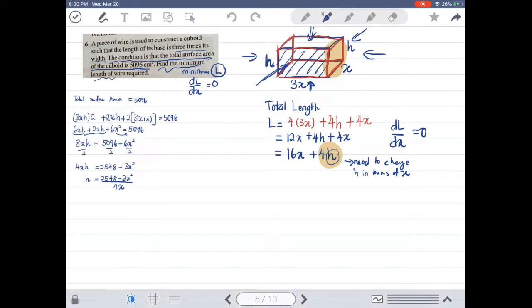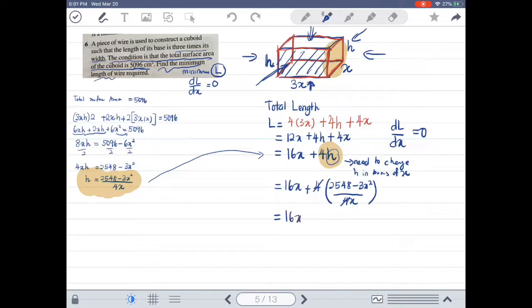Take the value of h, insert in this equation here. So L will equal 16x plus 4 times 2548 minus 3x squared over 4x. And we simplify.